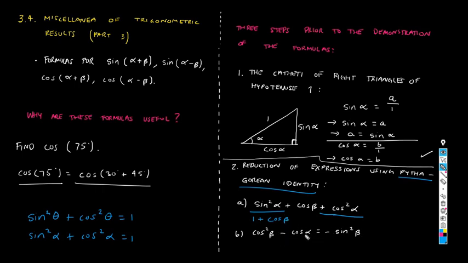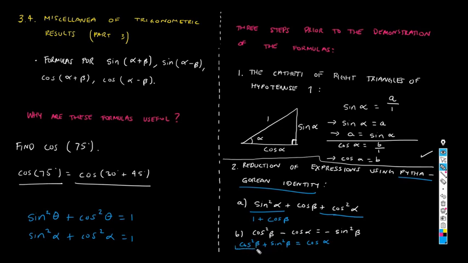Good. Now let's do the same for this equation. We have an equation here that contains the cosines and the sines of some angles. Let's see if I can reduce it. Well, we have a cosine squared of beta here, and we have a minus sine squared of beta here. What's going to happen if I bring this one to the other side? So let's do it. Cosine squared of beta plus sine squared of beta. And let me bring this one to the other side of the equation, so it's going to be cosine of alpha.